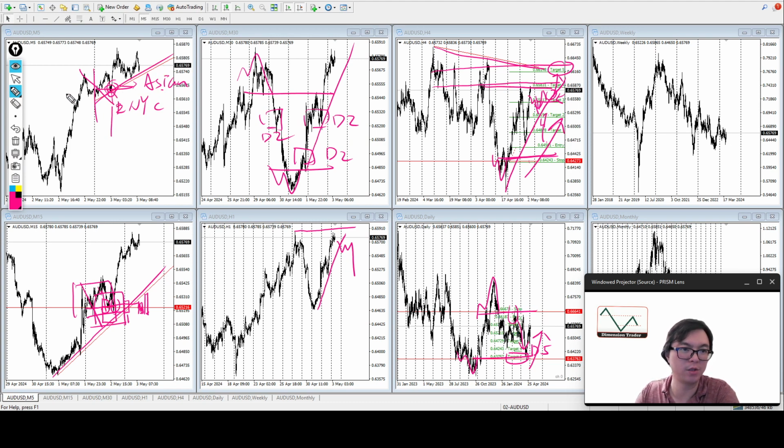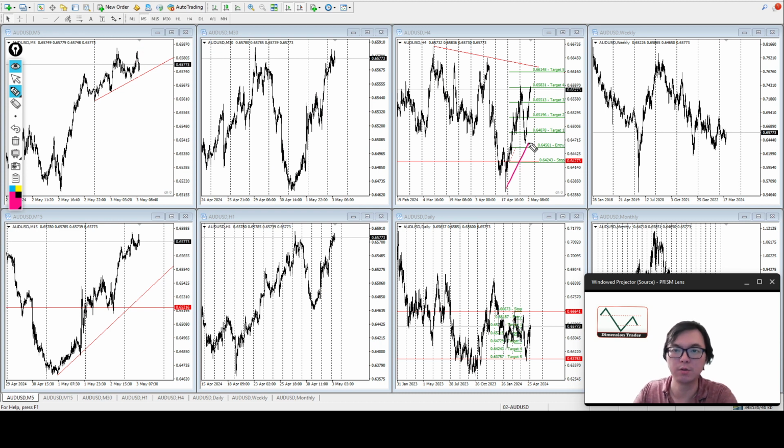So if we enter here, stop down here, target 1, target 2, you get a target to hit right before London open. At this point, we are expecting price to keep going up here, touch this trend line before we see any action, and break the trend line for a short.